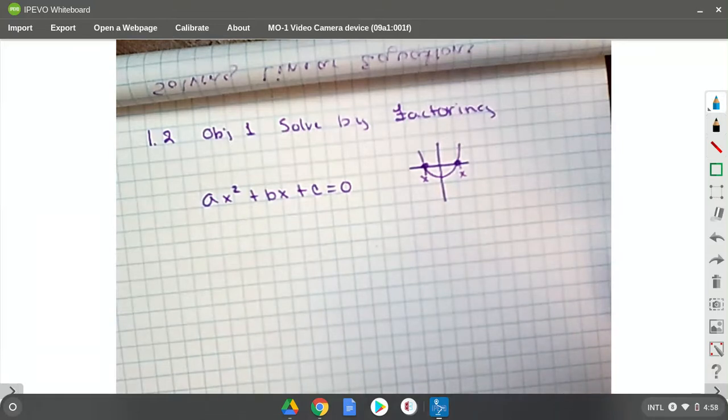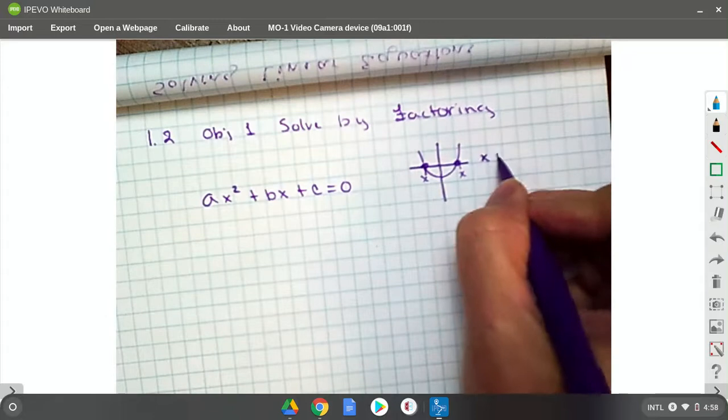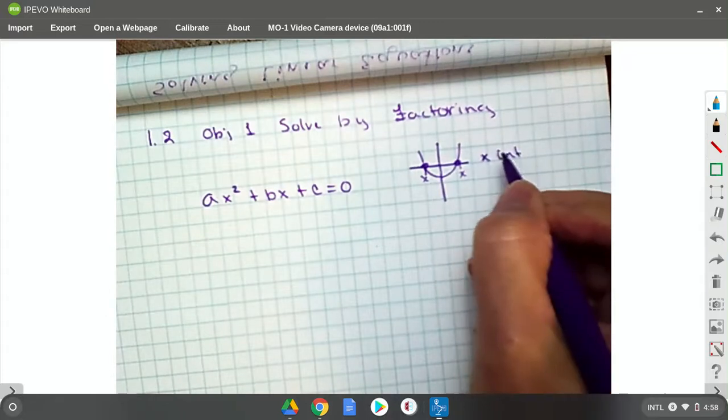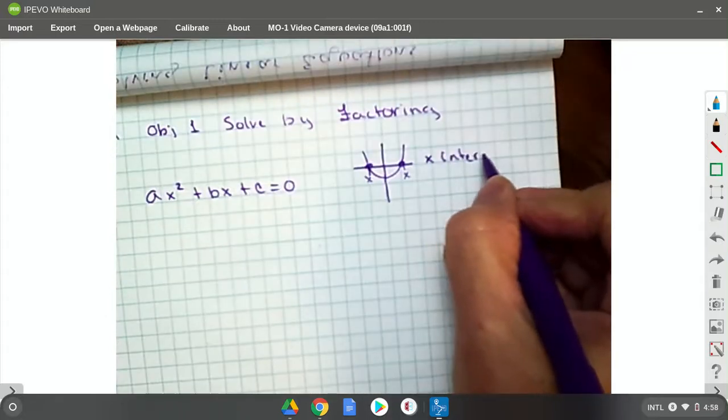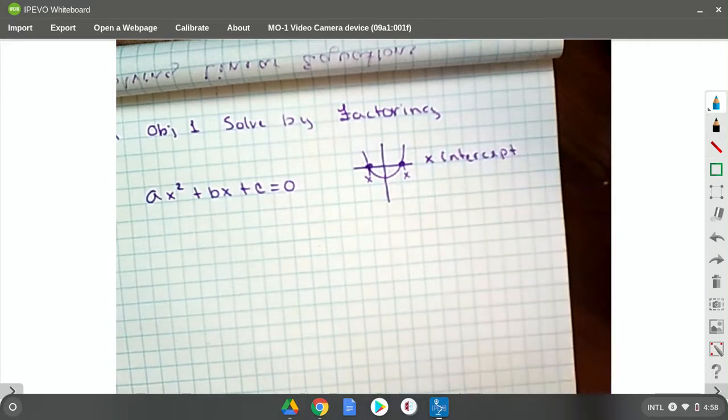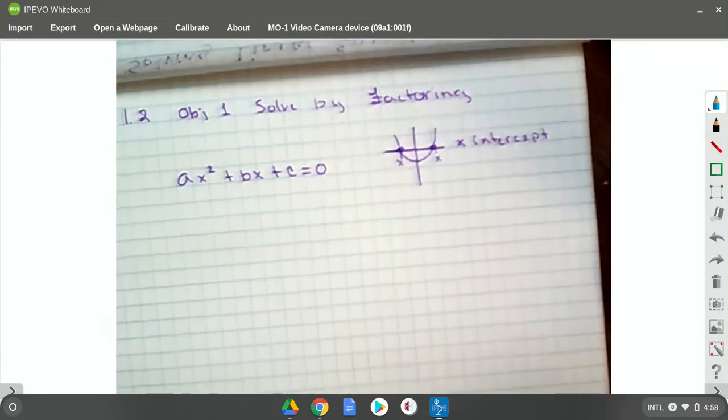Sometimes, most times, you're going to have two of them. Those are our x-intercepts. That's the whole point of solving a quadratic equation, is to find our x-intercepts, where our graph crosses the x-axis, right? All right, so factoring.